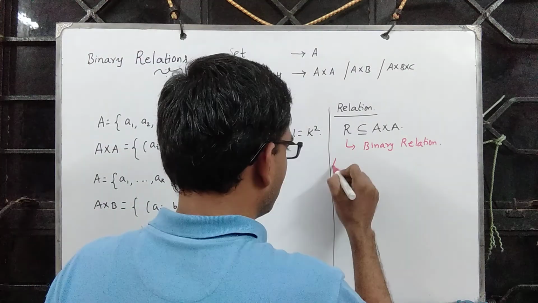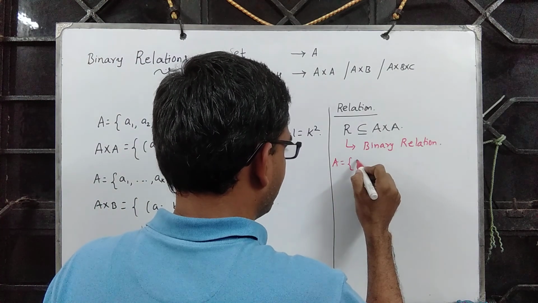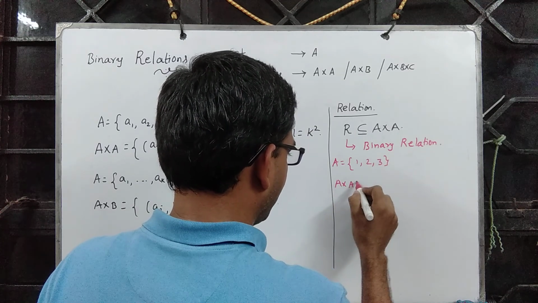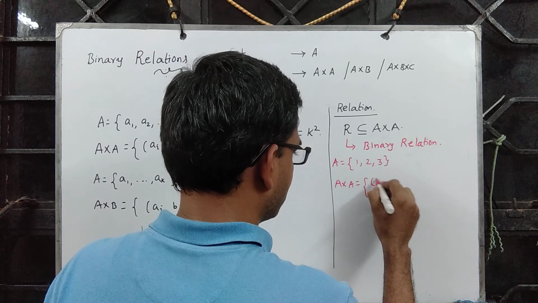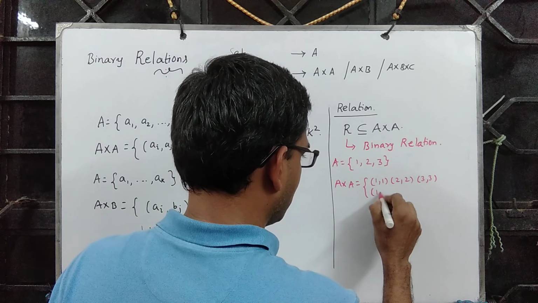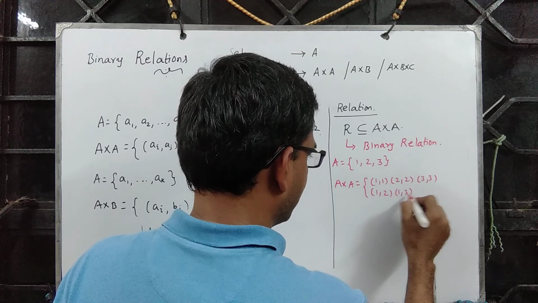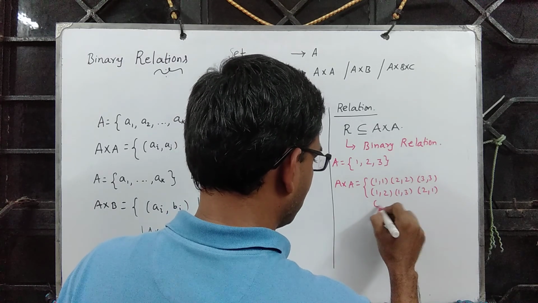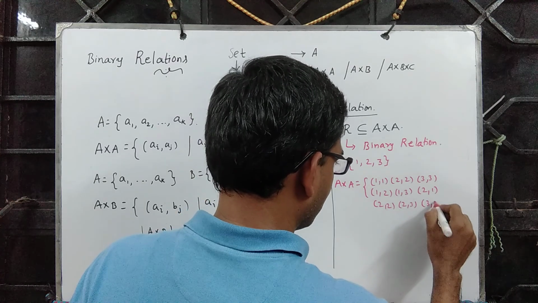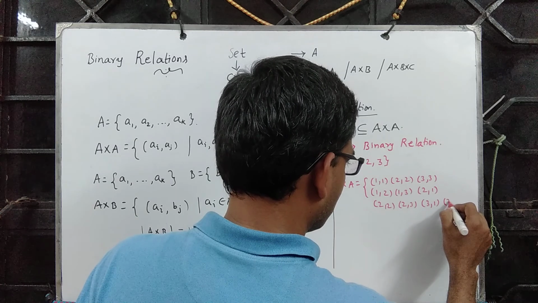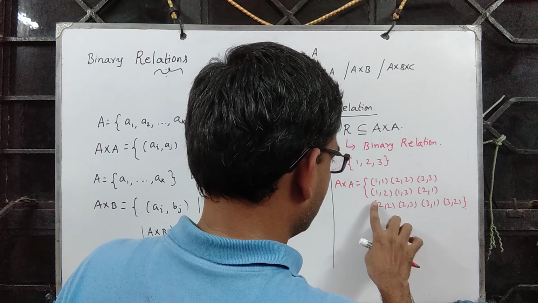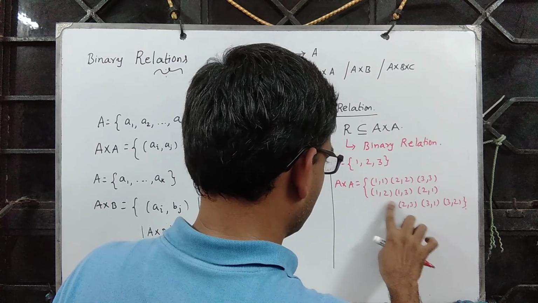For example, A consisting of say 1, 2, 3, then A cross A has so many pairs: (1,1), (2,2), (3,3), (1,2), (1,3), (2,1), (2,3), (3,1), (3,2). Okay, and this one is redundant.